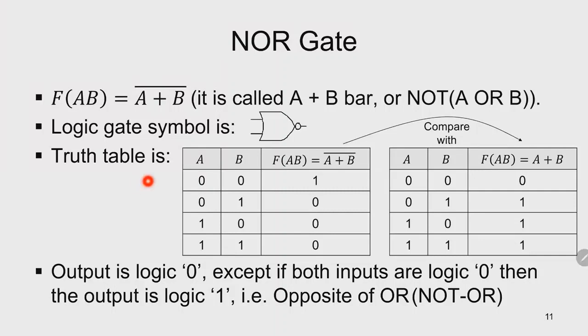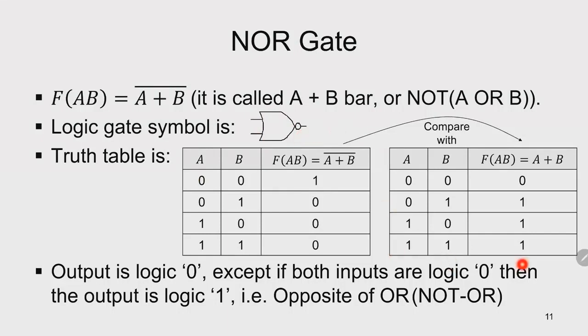And then the NOR gate, which is not OR. The Boolean expression of that will be our OR with a bar at the top. So this is called A or B bar, or not A or B. Again, the symbol is our OR gate symbol with a bubble at the output.